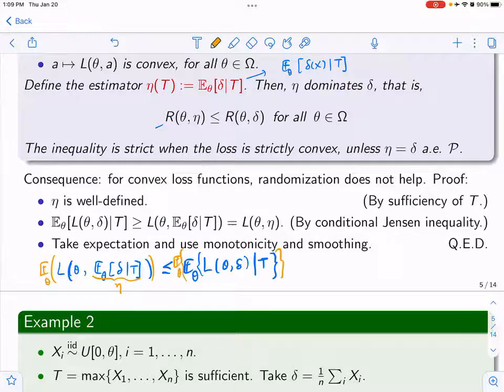And this one simplifies by the property of conditional expectation, which is what? Anyone?